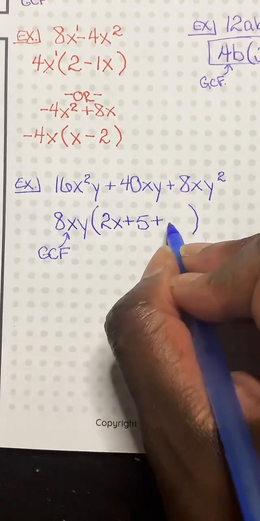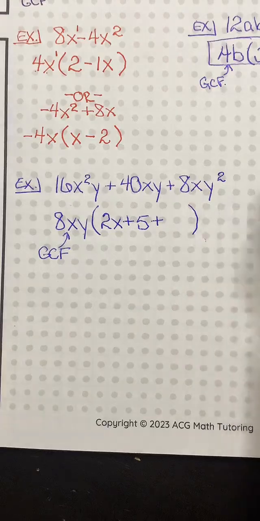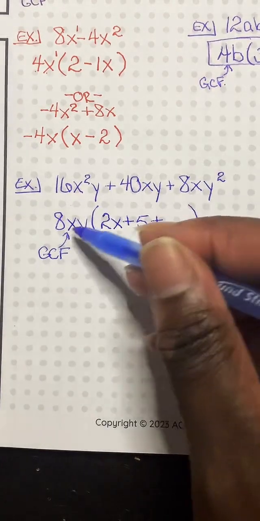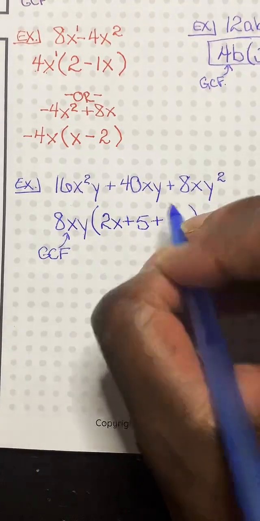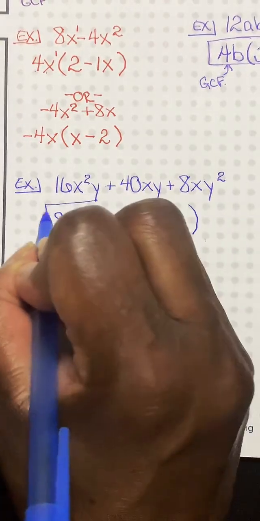Then we have 8 divided by 8 gives me 1, which is understood. If you put the 1 down, it's not going to kill you. But then we pulled out the 1x. There were 2 y's, but we only pulled 1 of them out. So that means 1 remained inside.